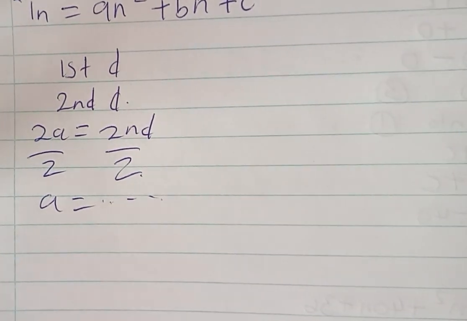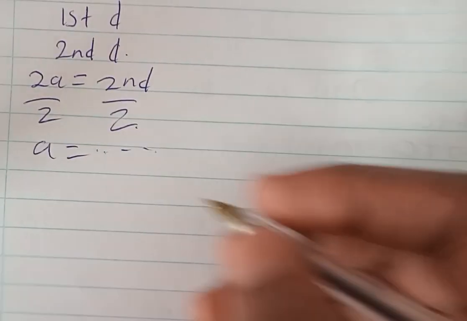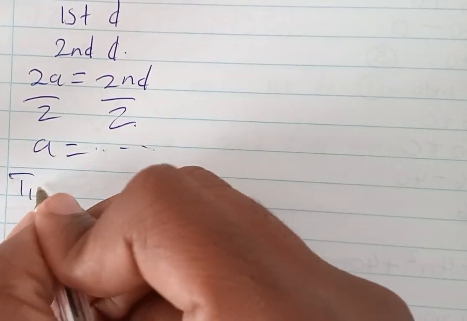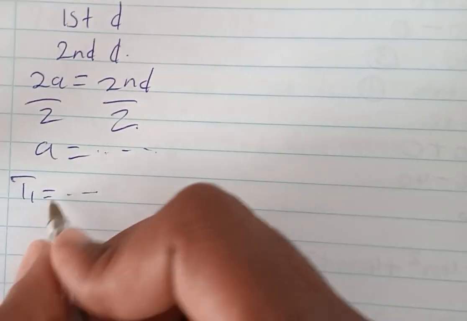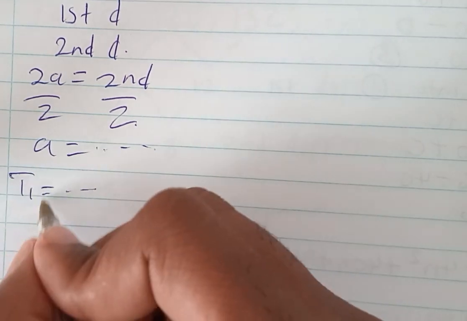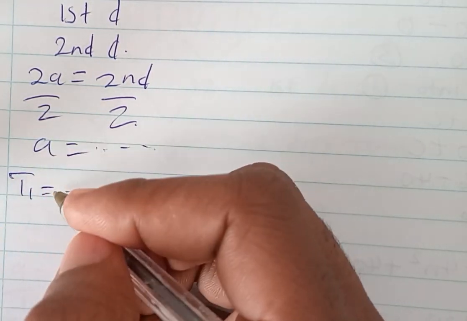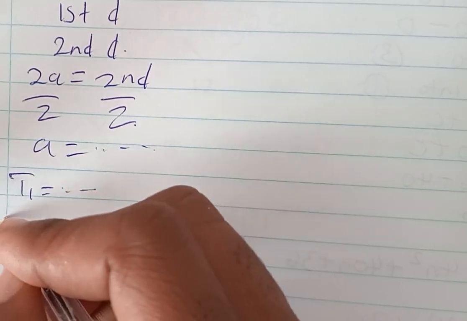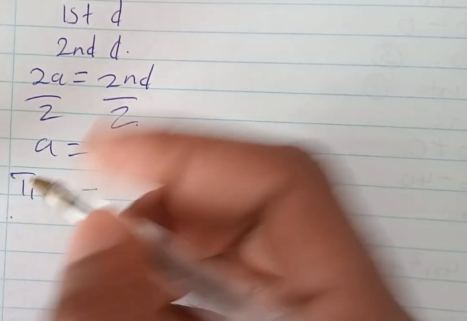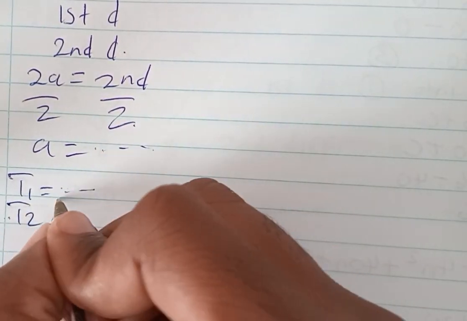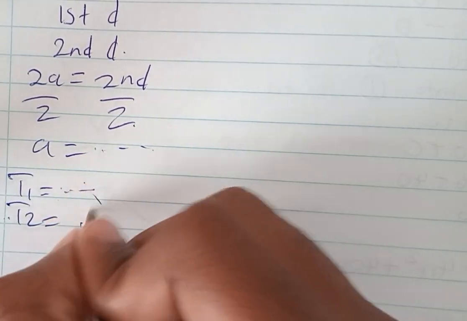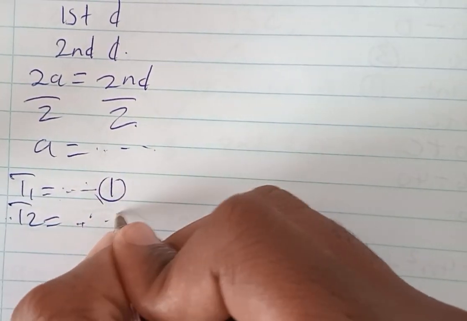you'll have to use term number 1. Where you see n, you substitute 1. Where you see whatever the term is, you substitute it on tn. Same as term number 2. After these steps, you'll get your equation 1 and your equation 2.